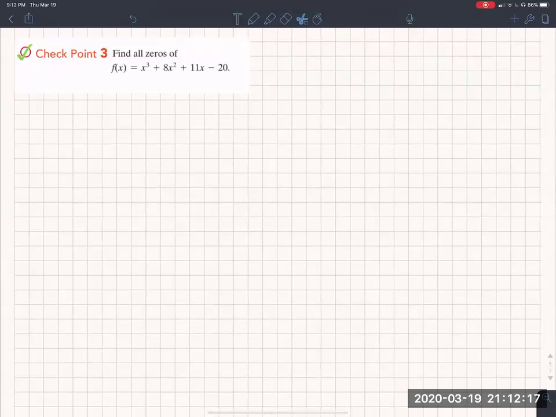So the first thing you're going to do is create your list of potential zeros. They have to be of the form P over Q, where P is the factors of -20, over the factors of the leading coefficient, in which case this is 1.